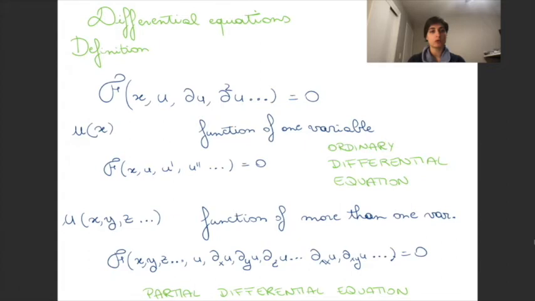So we have the derivative with respect to x, the derivative with respect to y, with respect to z, the derivative with respect to x twice, the second derivative with respect to x, or the derivative with respect to x of the derivative with respect to y of u. All these are partial derivatives. When we have partial derivatives, we talk about partial differential equations.